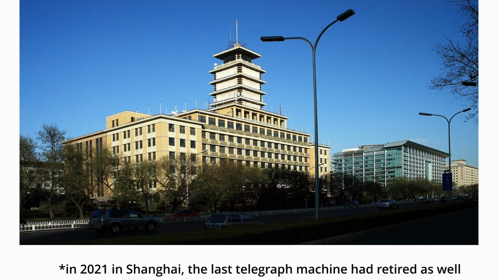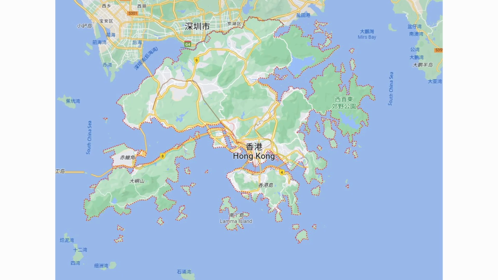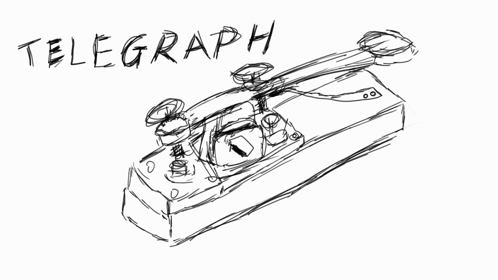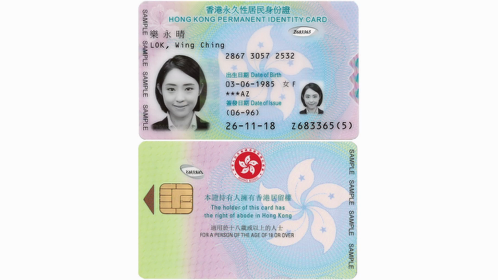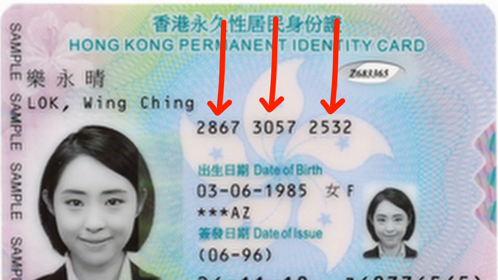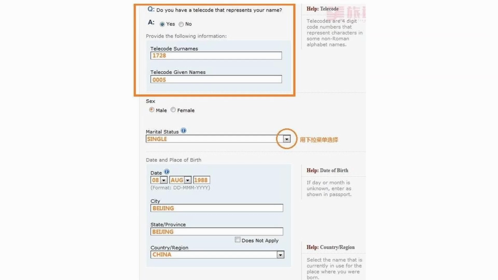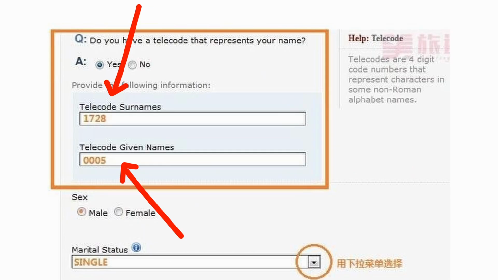And that's not the only case. In Hong Kong, although the telegram service has almost left the stage of history, if we look at the Hong Kong ID card, we can find some numbers on the card, and those are telegraph codes. Similarly, when Chinese people apply for the DS-160 visa of the United States, they also need to write the Chinese telegraph code.